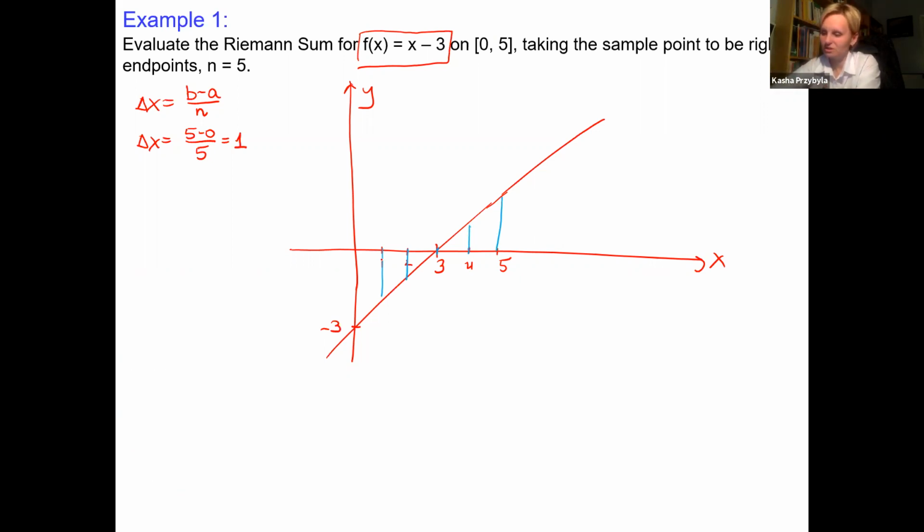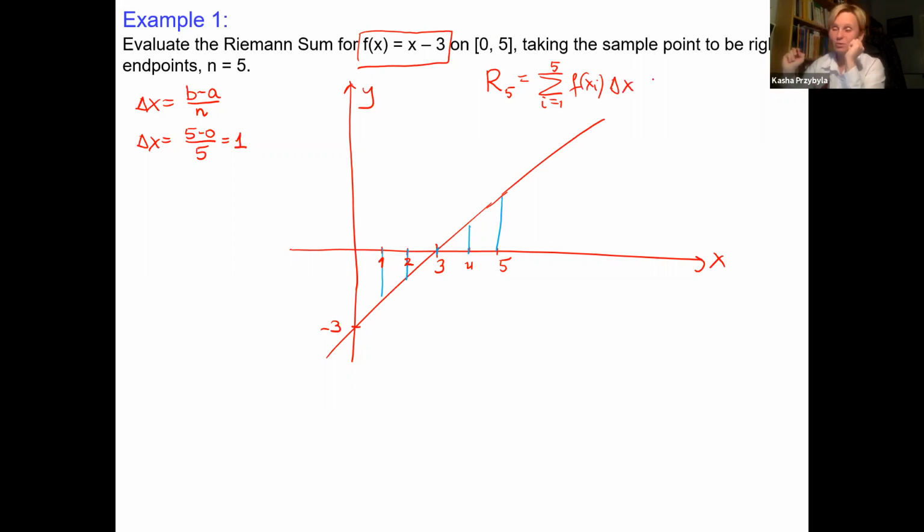What the Riemann sum means, with right-hand endpoints, is that we will have 5 of them. This will be the sum from 1 to 5 of delta x times the value of the function.